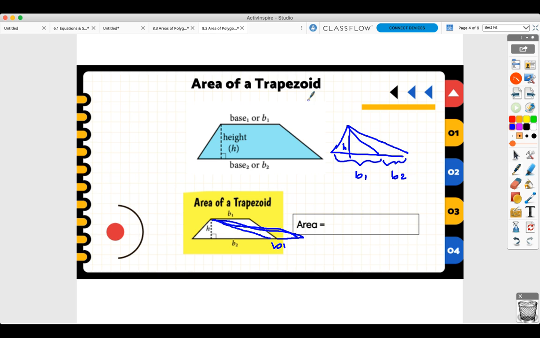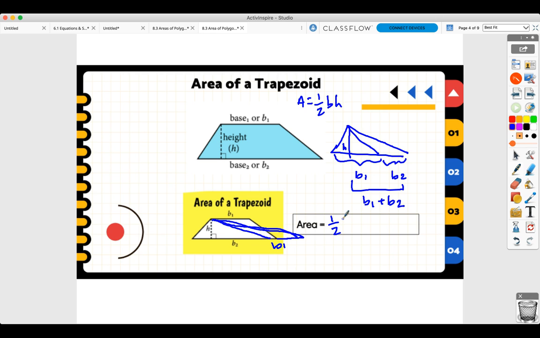And we know the area of a triangle is 1/2 base times height. So that's still the same. You have 1/2, the base is going to be the entirety of this, which is B1 plus B2, and the height stays the same.